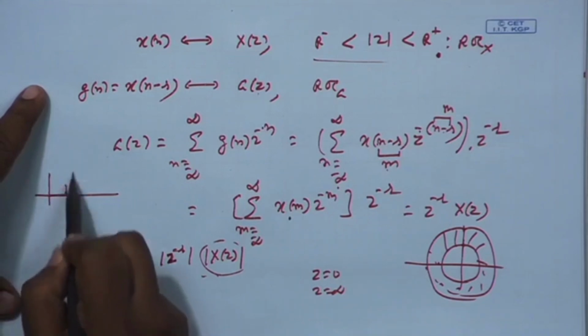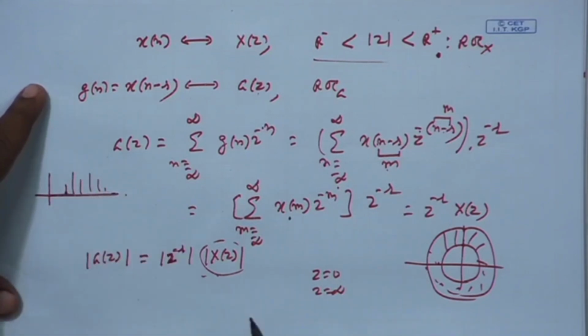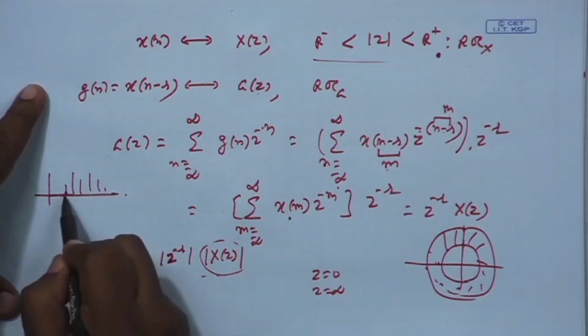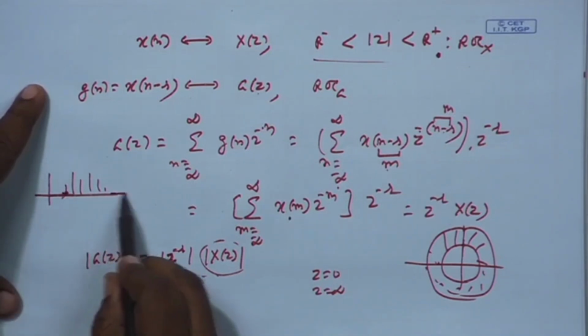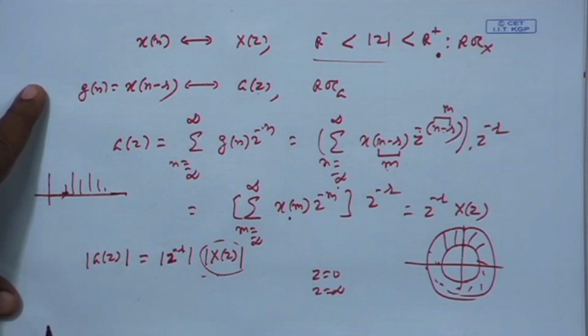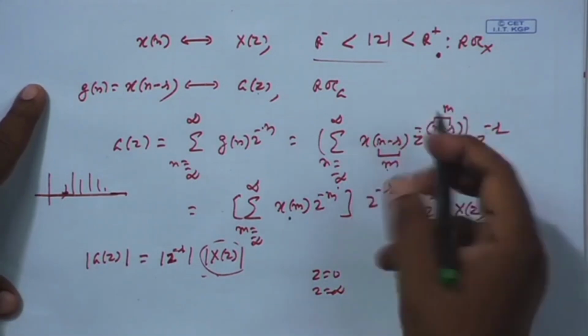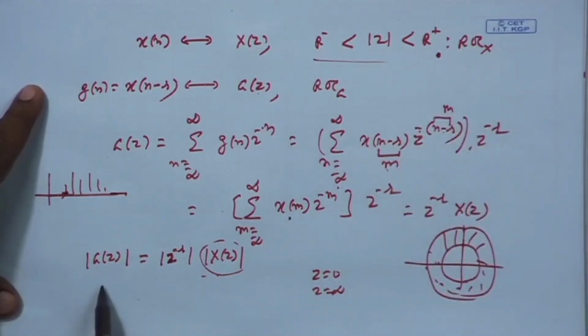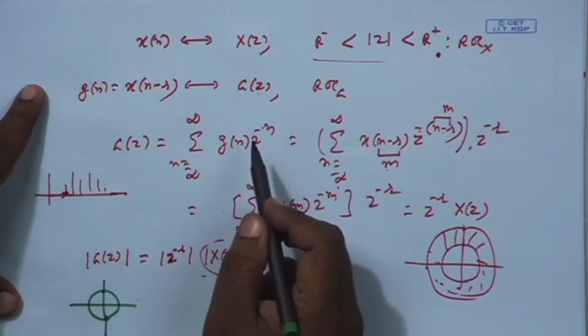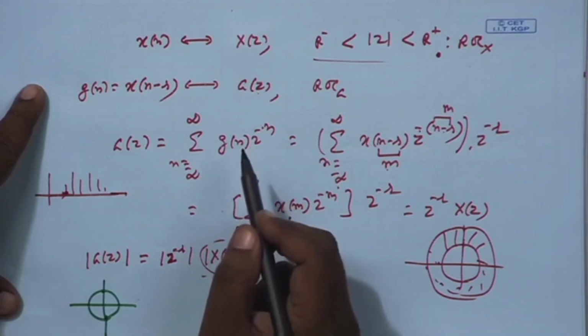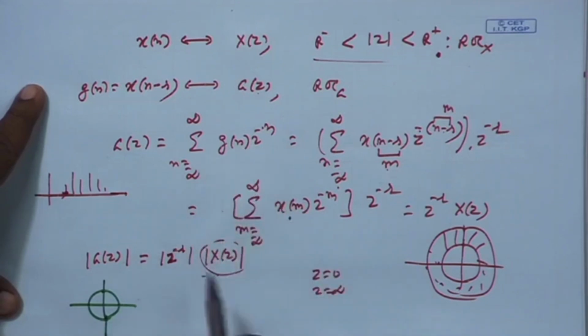But suppose I have a sequence which is purely right sided. Suppose you start from somewhere here, purely right sided. In that case, we have seen the ROC of X will be outside a circle, and it will go up to infinity.